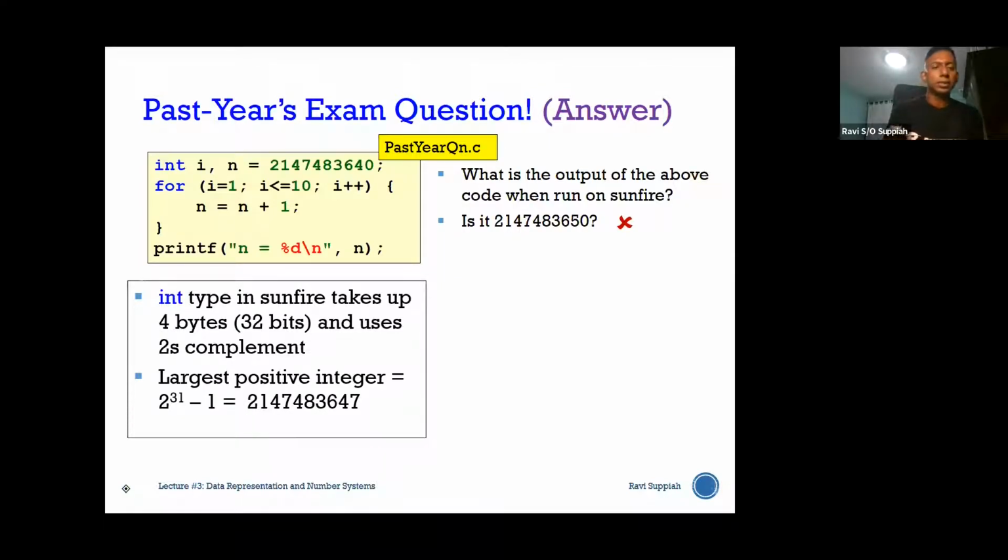For integer in Sunfire, why Sunfire? Because our undergrad students use Sunfire as the operating system to run and compile their C code. In Sunfire, when you declare an integer, it takes up 4 bytes.